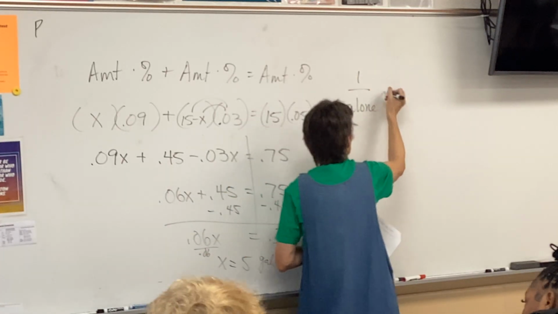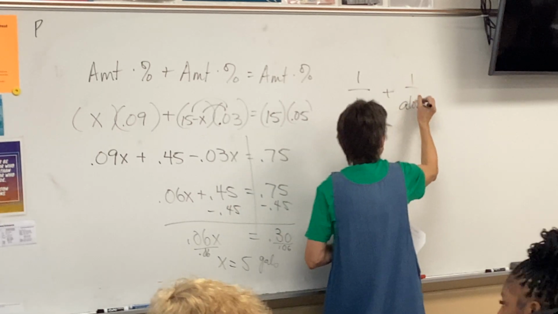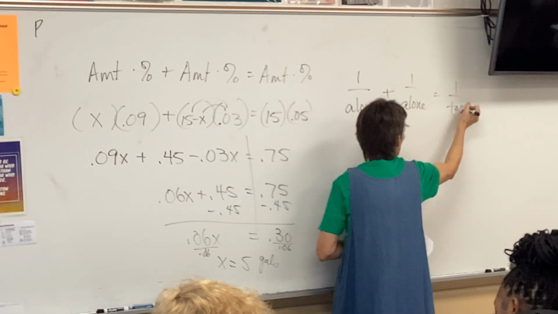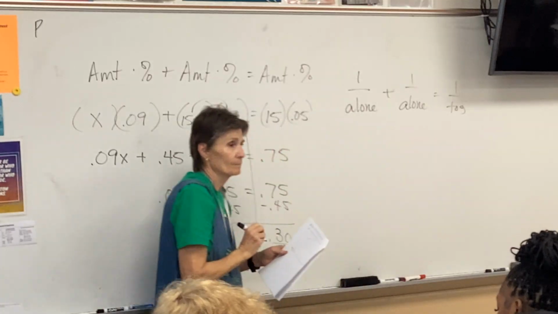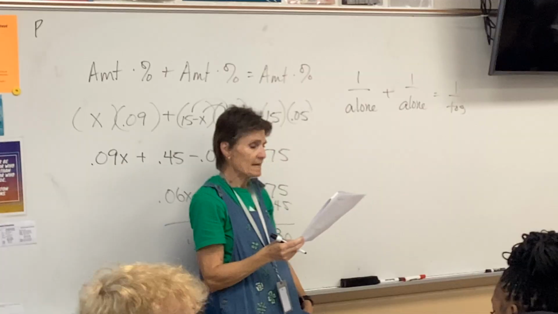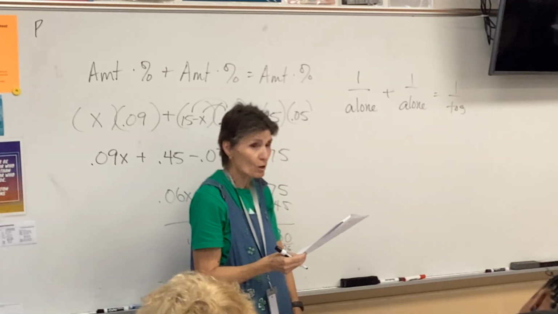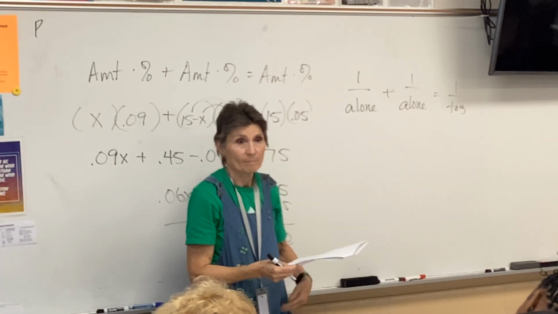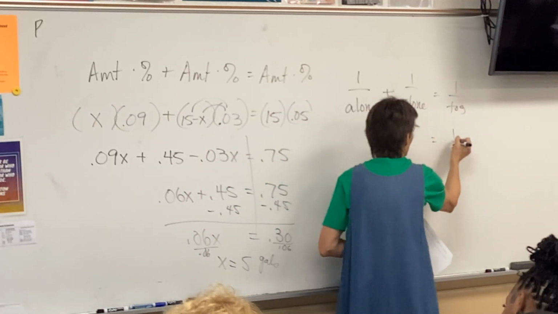1 over 11, 1 over 11, 1 over 7. What do I do with the 12? Will and Zane can paint a fence together in 12 hours. So doesn't the 12 go right here?